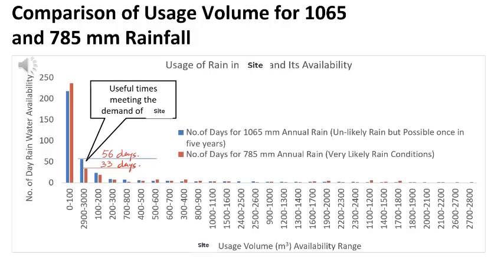So the cost of making the system which can hold water for 56 days, provided that there is torrential rain, versus the cost of making it for average rainfall, which would only yield 33 days of availability, is just a comparison to enable the decision makers to take an informed decision.